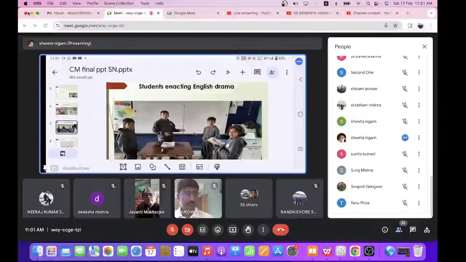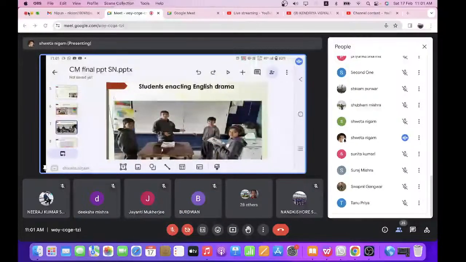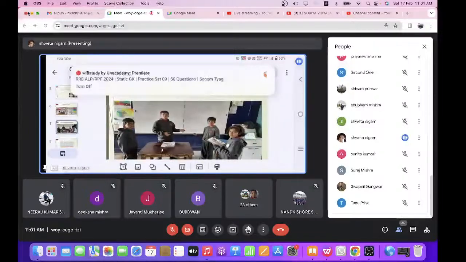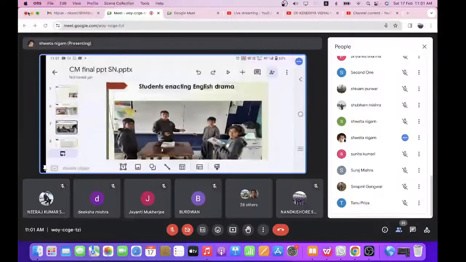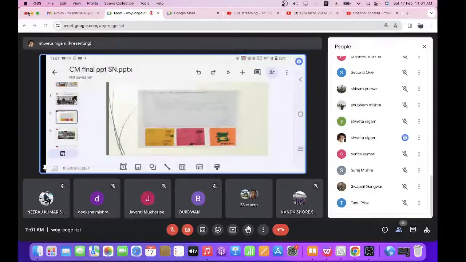These activities also help in maintaining the classroom in a positive way. Here is a learning corner. There is also some printed material available here, from which the students get knowledge.